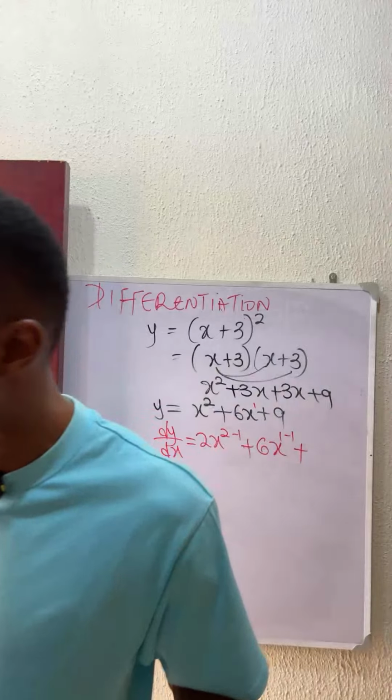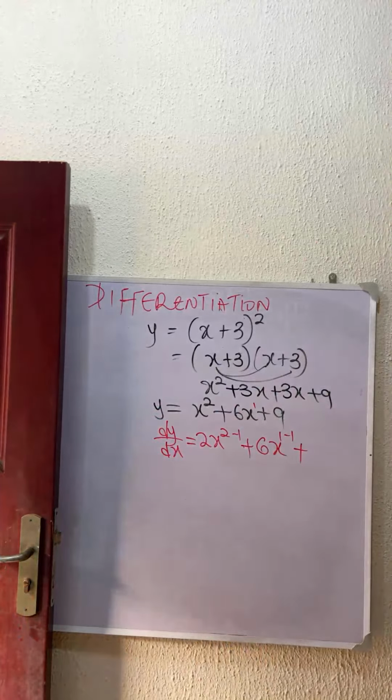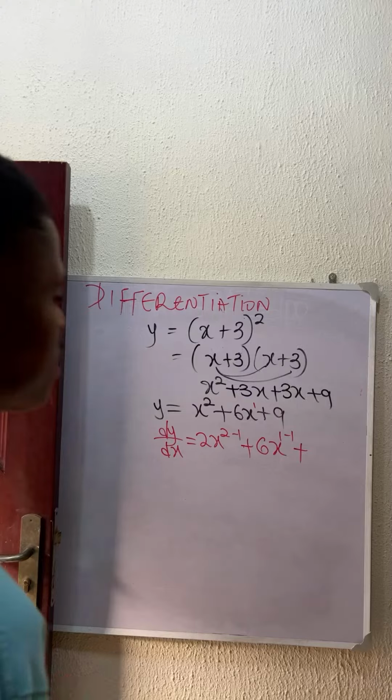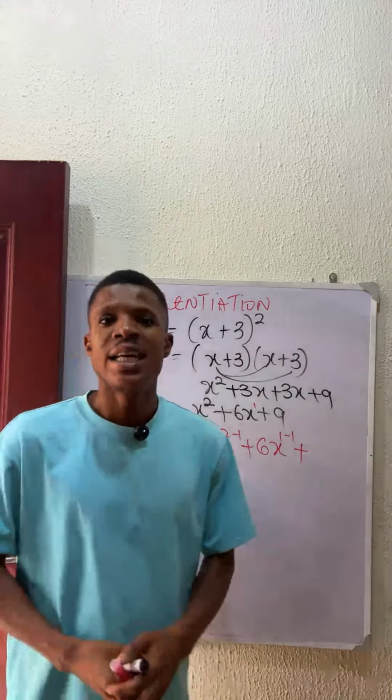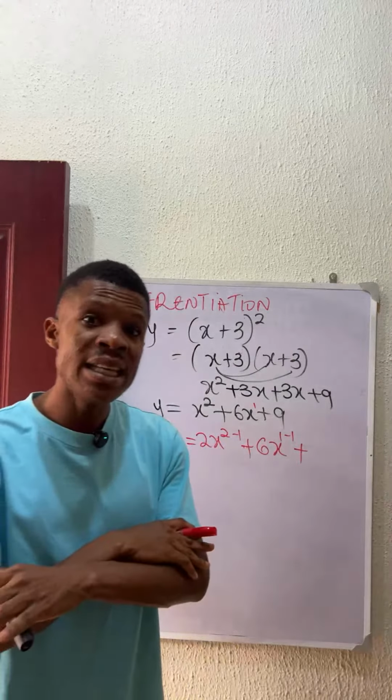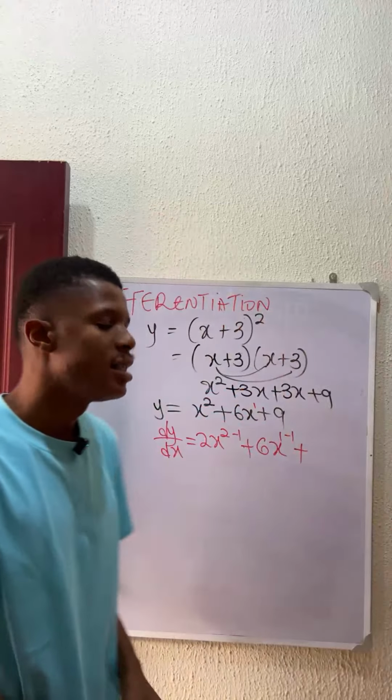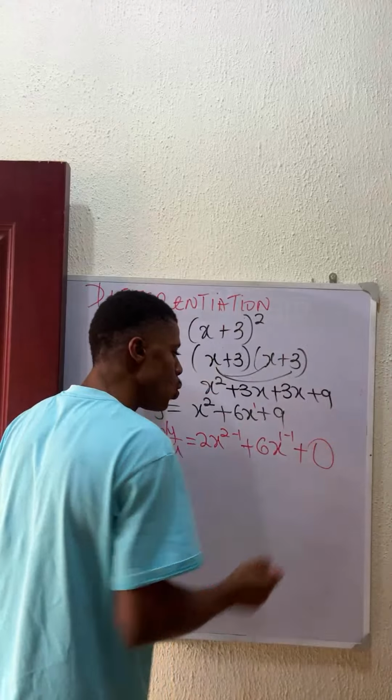If I'm differentiating 9, I can't see the variable. So what do I do? What are you going to do when you are trying to differentiate a constant? In differential calculus, whenever you are differentiating any constant, the answer is 0.